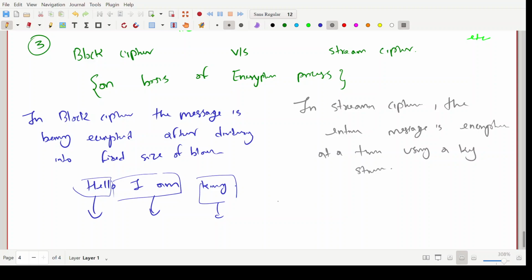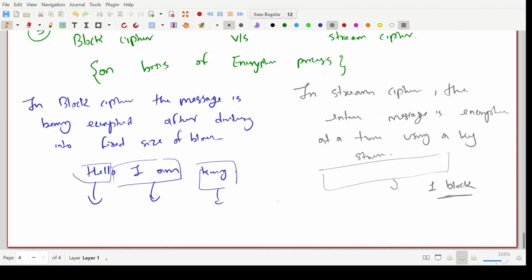So here it has been divided into blocks, then it is encrypted. Here all the message will be encrypted at the same time with a key stream. Okay. So you can say it is again a block cipher only, but having only one block.